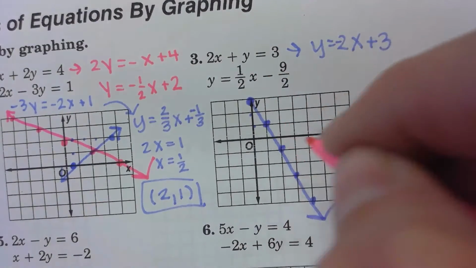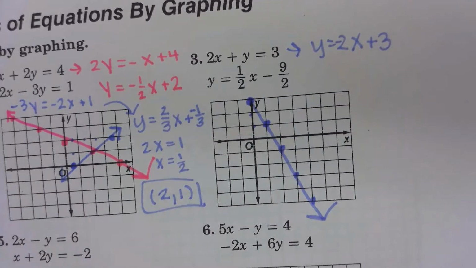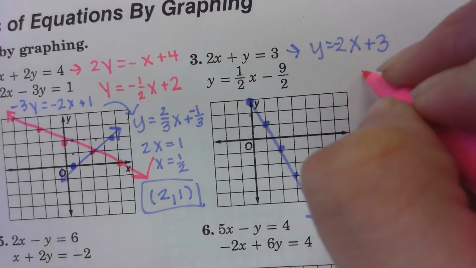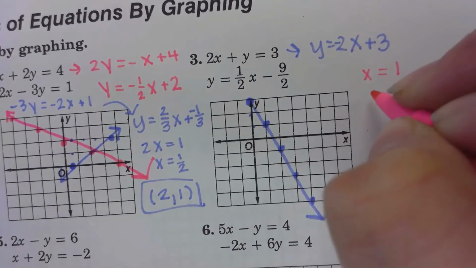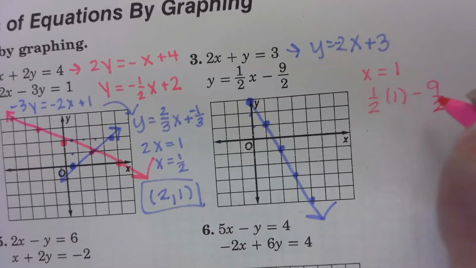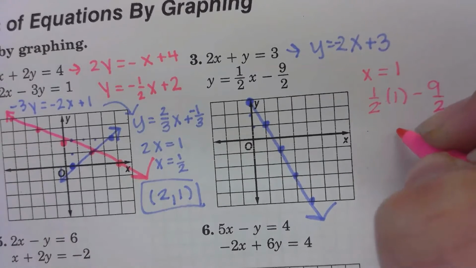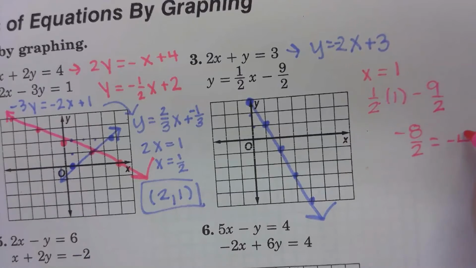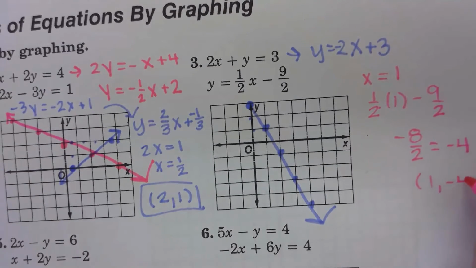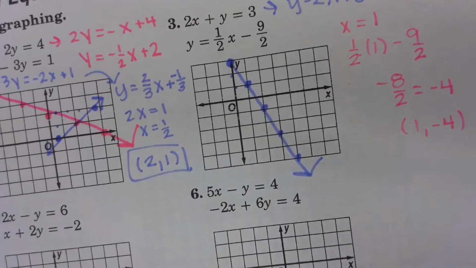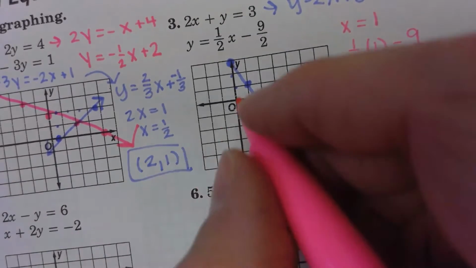Negative 9/2 is like negative 4.5. But if you think about x equaling 1, that would be like 1/2 times 1 minus 9/2. So 1/2 minus 9/2 would give negative 8/2, which is negative 4. So I could plot the point 1, negative 4 as opposed to negative 9/2.